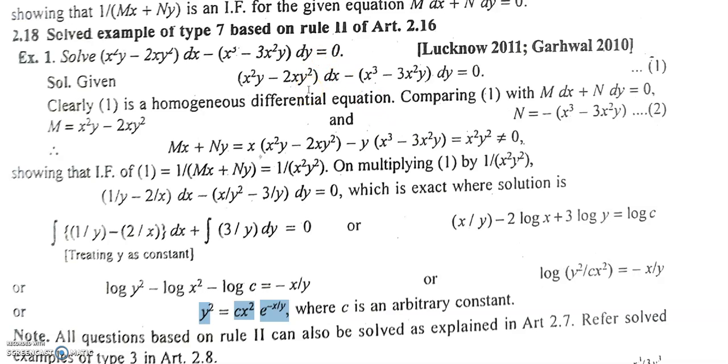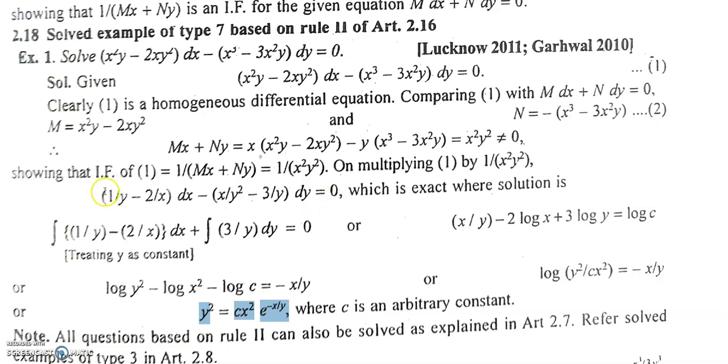We can use the inspection method, or we can use this method: Mx plus Ny, and if this is not equal to 0, then the integrating factor will be 1 by Mx plus Ny, right? Then after multiplying the given differential equation by this, we get the differential equation which is exact.